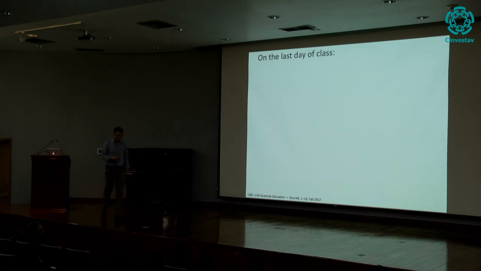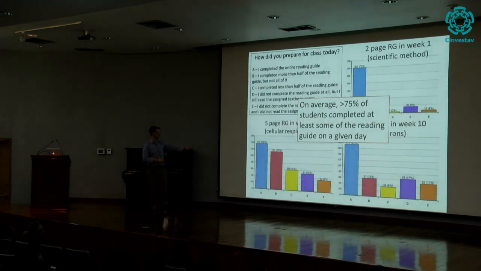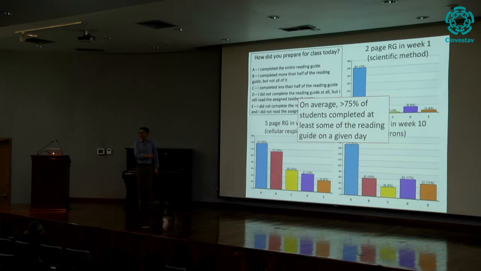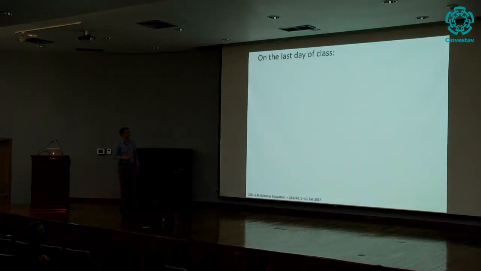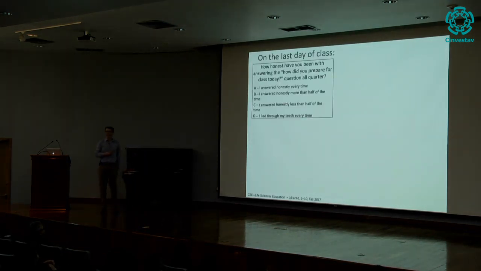But first we had to know, can we actually trust their data? We had this data here, but I don't know if they actually did it. They didn't turn it in. I didn't go around to all 400 students and look at theirs. So on the last day of class, I asked them this question: how honest have you been with answering that question?